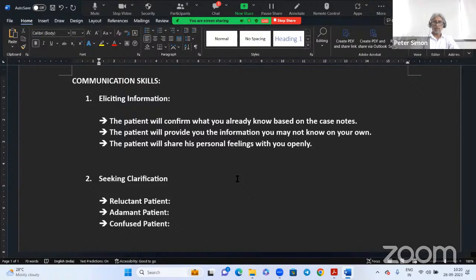So if the patient is reluctant, if you ask him, he will tell you, I don't want. I don't want to take insulin injections.